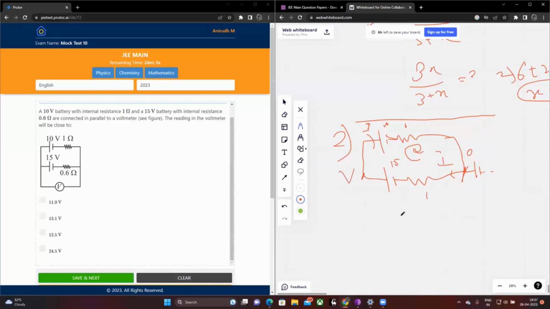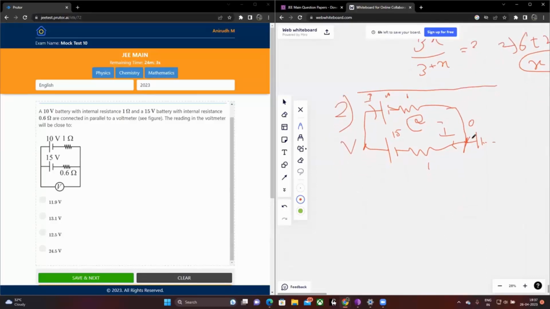So I have to find this voltage V. Since I have this as the circuit ground, I can take 0 equals, from the circuit ground, go in this loop: minus 0.6 I, minus 1 I, plus 15 minus 10. This is basically 5 minus 1.6 I.